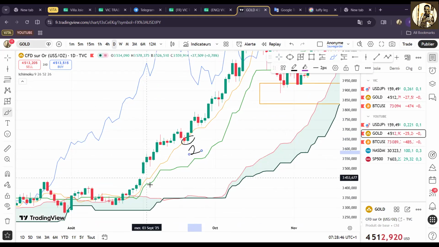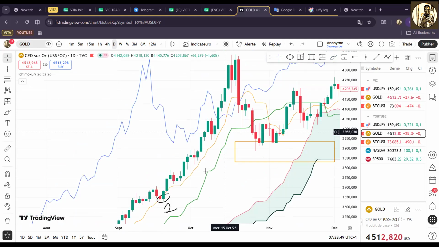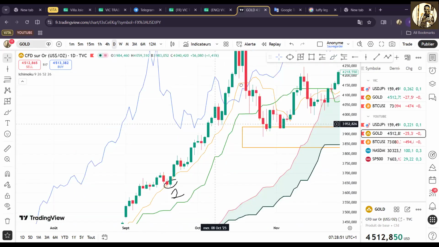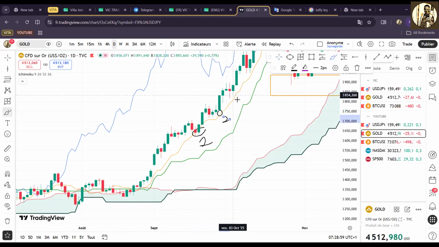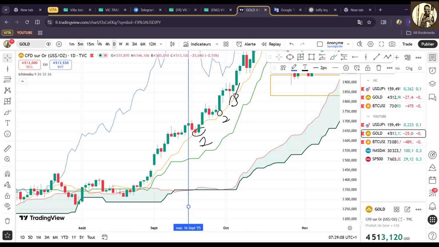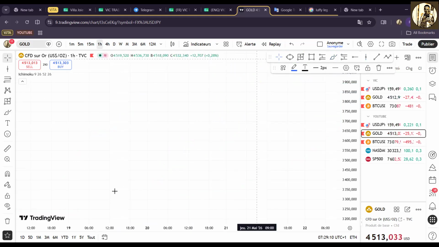That's the first Tenkan touch, since this push has been going to the upside. So we are on daily. If Tenkan would have been touched here for the second time and then the third time, we could have taken all of this zone to the upside. And then to enter there, we just go on 1 hour, do the Tenkan inverted.